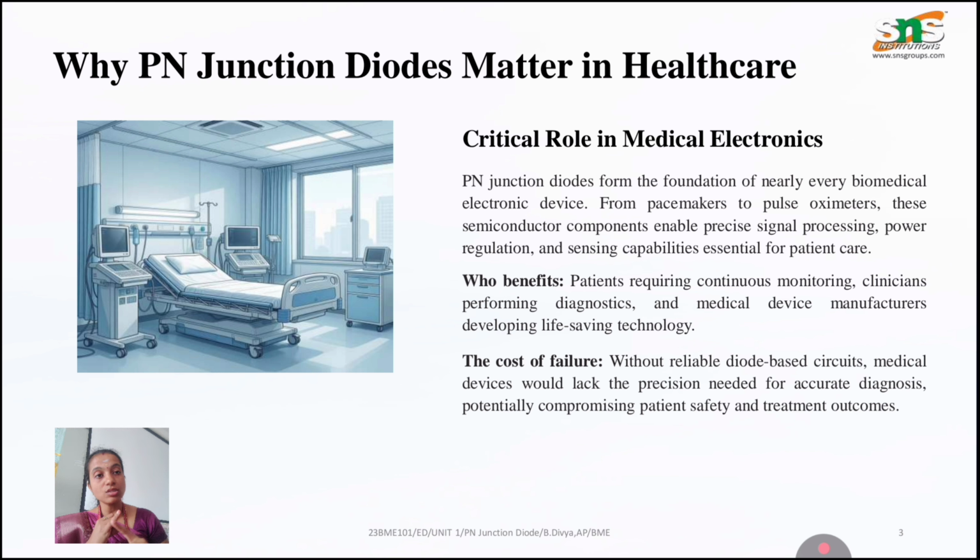Patients requiring continuous monitoring, the elderly patients or the patients who are very ill, who need to be monitored day by day or minute by minute, right? For them, the PN junction diode helps in continuous monitoring.